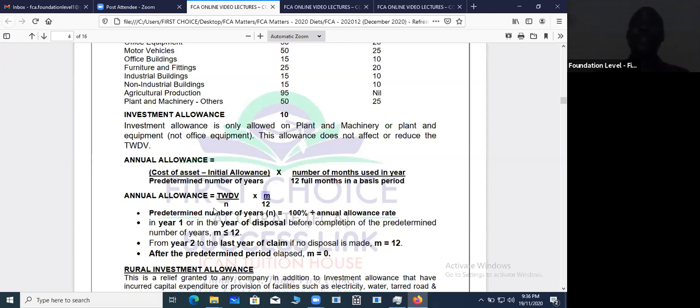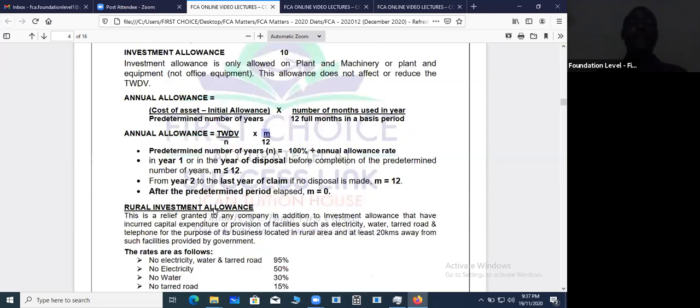You can decide to leave 1,000 naira. You can decide to leave 100 naira, but the lowest you can leave is 10 naira. So you can leave 10 naira there in your account to show that the asset is still in your possession. So if you have disposed the asset, then you can remove the 10 naira from your books.